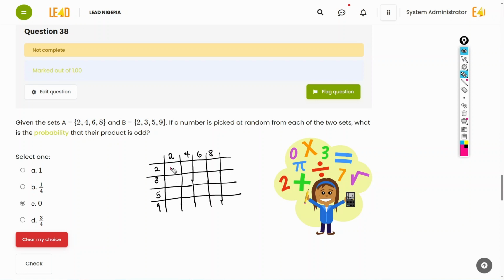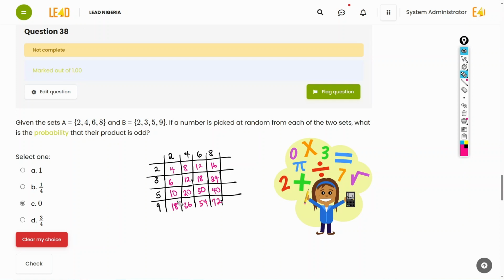So here's 4, 8, 12, and 16, 6, 12, 18, 24, 10, 20, 30, 40, 18, 36, 54, and 72.